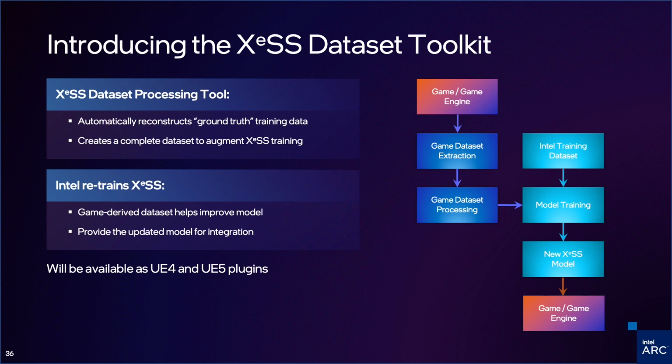Provided with the game-derived dataset, Intel will retrain XeSS to improve its visual quality on that specific game title and will send back the updated model for integration into the game. The XeSS Dataset Toolkit will also come in the form of an Unreal Engine plugin for easy integration of the Dataset Extraction API.